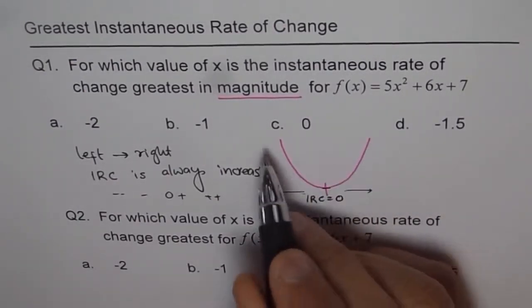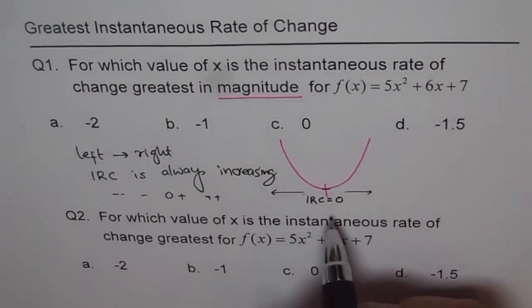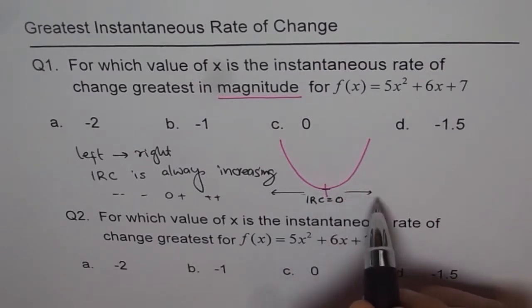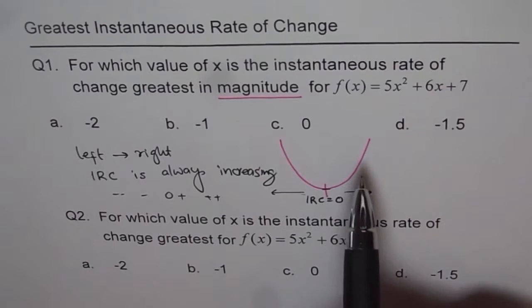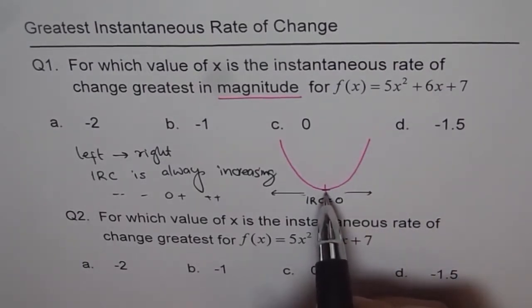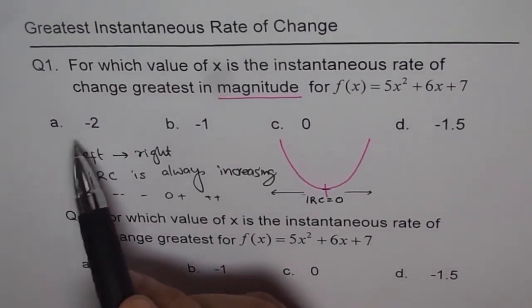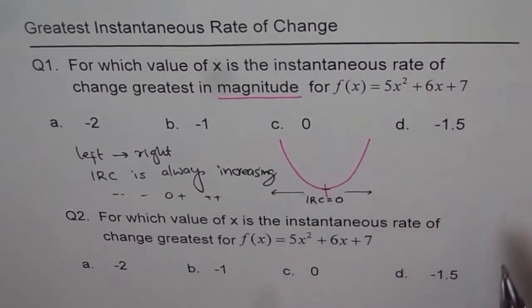It could be positive or negative, a different story altogether. So you need to go away from the center point, the vertex. The farther away you are, the greater the magnitude will be. So the idea is to find the center point and then the farthest, which seems to be either minus 2, which is farthest on this side, or 0 on the right side, as probable answers.